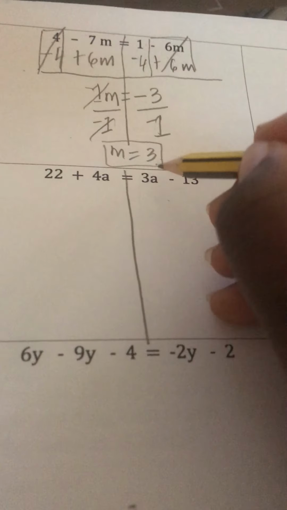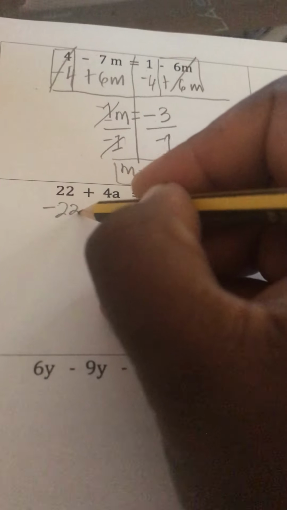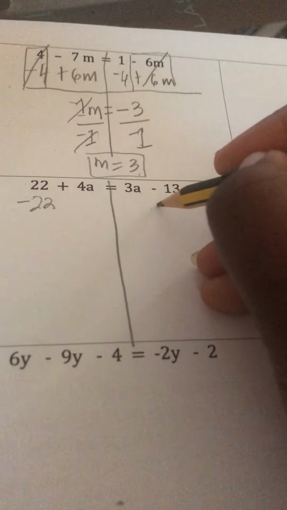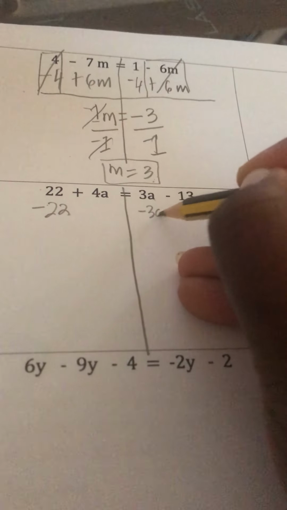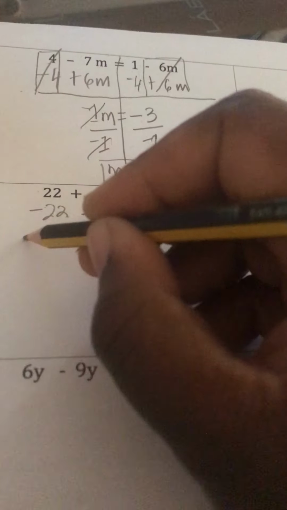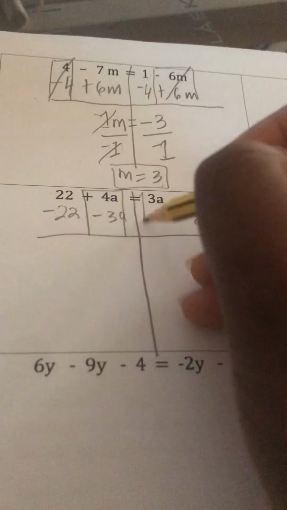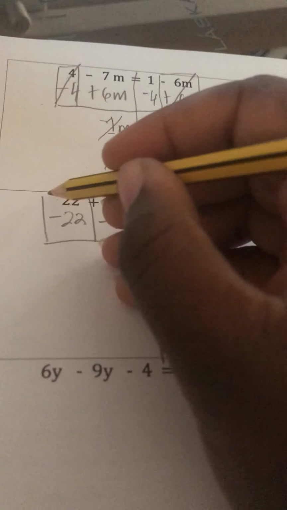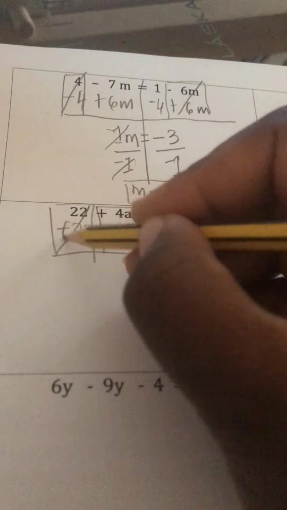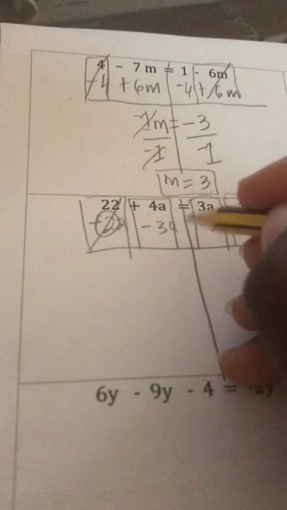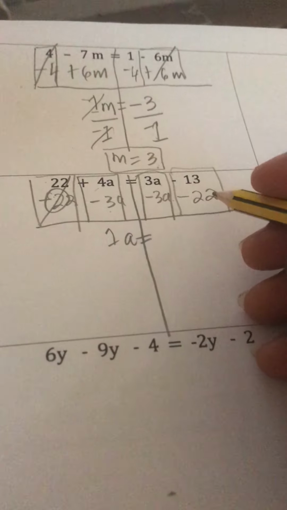What do I do here? Letter to the left, numbers to the right. Negative 22 because it is positive, negative 22. Positive 3a becomes negative 3a. The inverse. Okay, that becomes 0. 4 minus 3 is 1a, which becomes what?